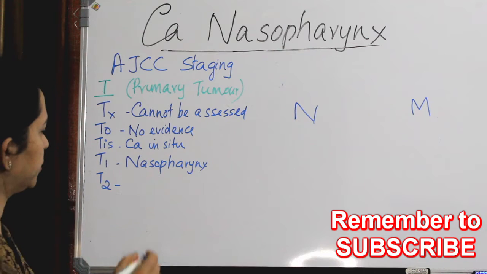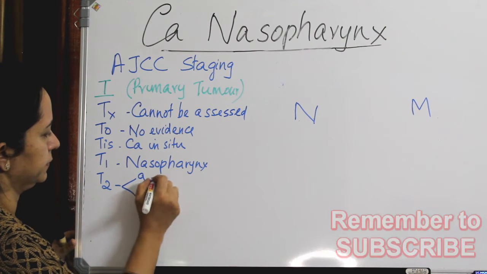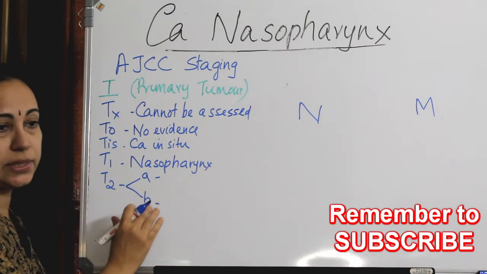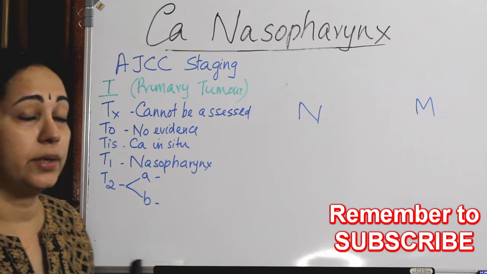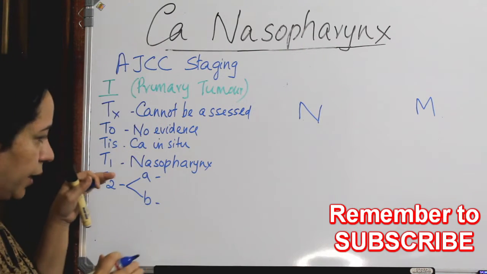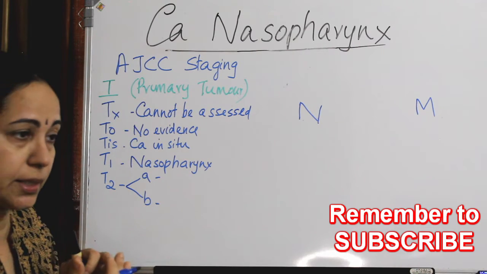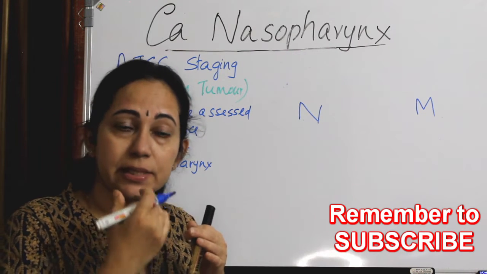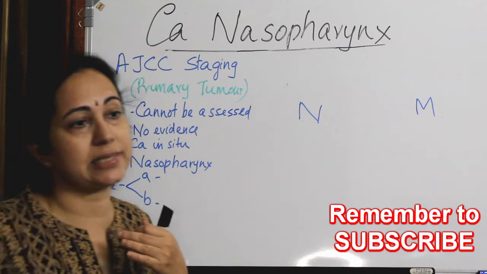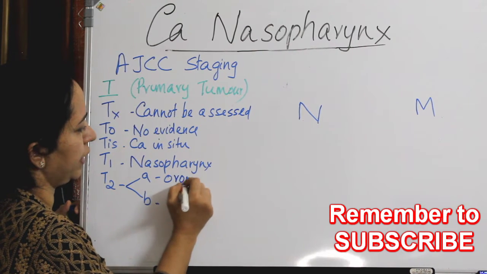So again divided into T2A and T2B. This division is based on the involvement of parapharyngeal space. T2A is, there is no parapharyngeal space involvement, but the tumor is extending into the nearby structures, that is oropharynx or into the nasal cavity.